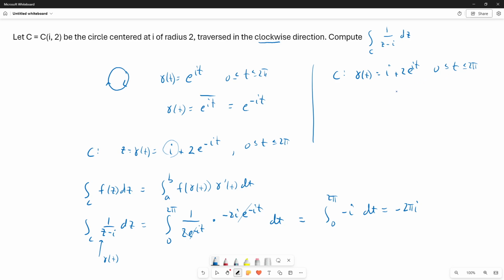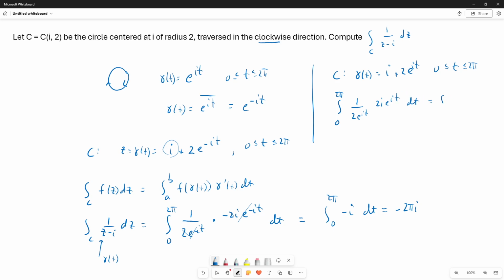And now the integral is equal to the integral from 0 to 2 pi of 1 over z minus i, so gamma of t minus i, the i cancels out again and we get 2e to the it, and then times the derivative of gamma of t, which is 0 plus 2i e to the it.